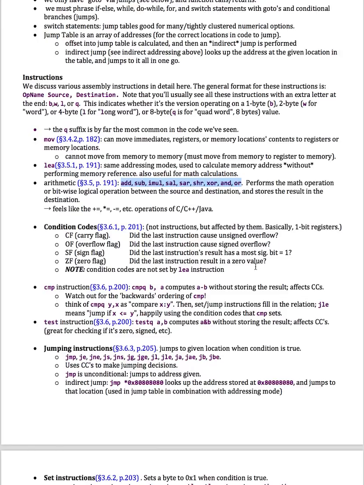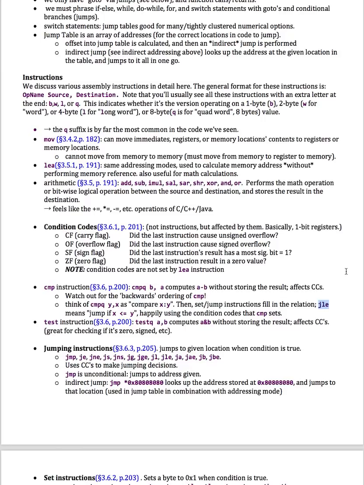One thing to note about compare is that the order of the operands is reversed. For example, if we have compare y, x, we should think of it as comparing x to y. So suppose you have compare y, x followed by JLE, jump if less than or equal.